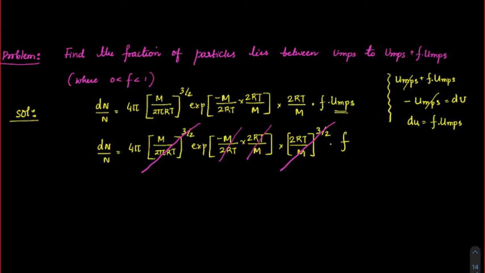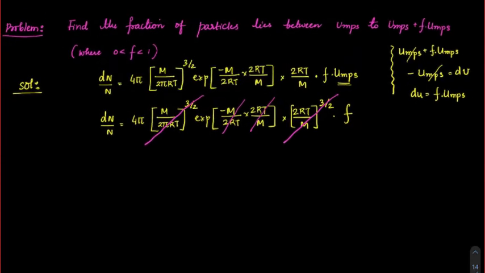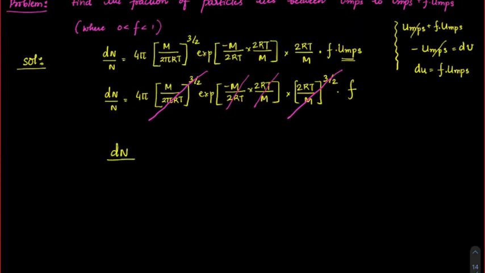I hope you guys are able to understand that. So from there I can write that dn by n is equal to 4 pi divided by pi to the power 3 by 2, which was something which was inside. I took it outside. Rest, everything else got cancelled, that into f. This is an amazing result: when you take a particular speed, whether it is RMS, most probable, or average, the fraction of particles only depends upon that f value.